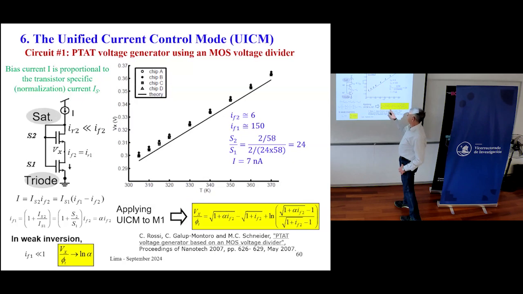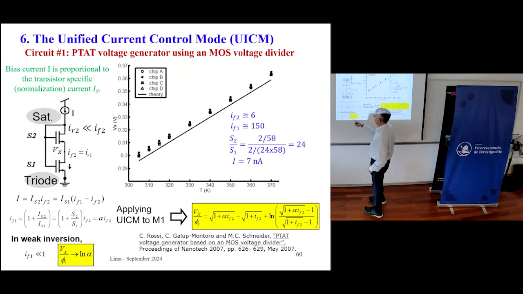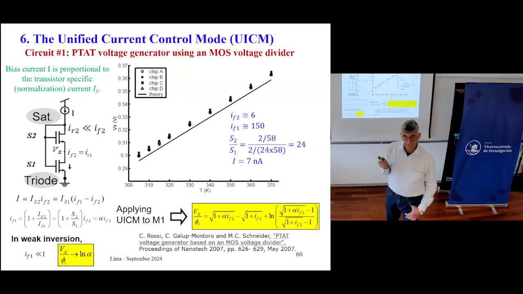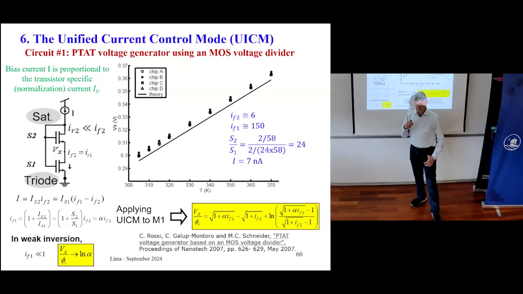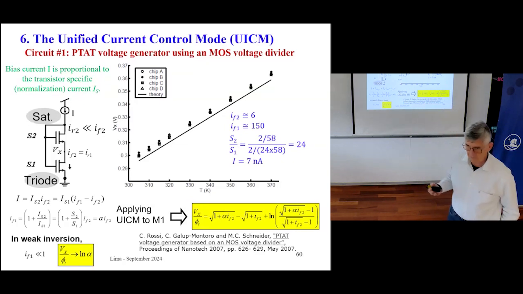I told you that if IF2 is much less than 1, this means weak inversion, then Vx over phi t tends to the natural log of alpha, where alpha is just a ratio. This is a constant factor because it's a ratio of dimensions. S2 is the W over L of transistor 2, and S1 is the same definition for transistor 1.